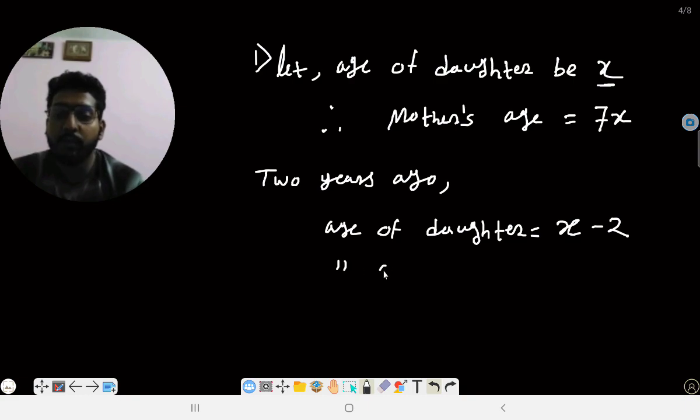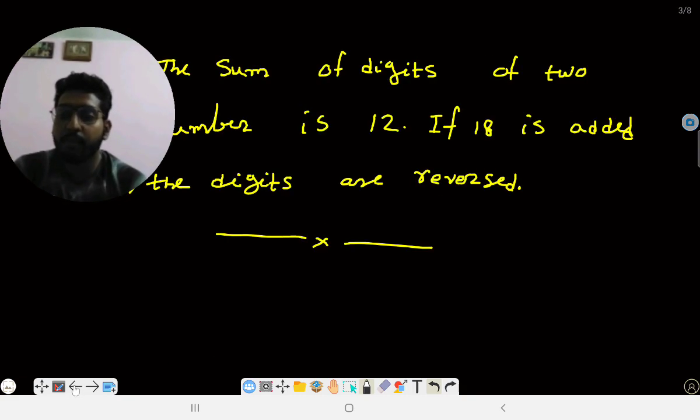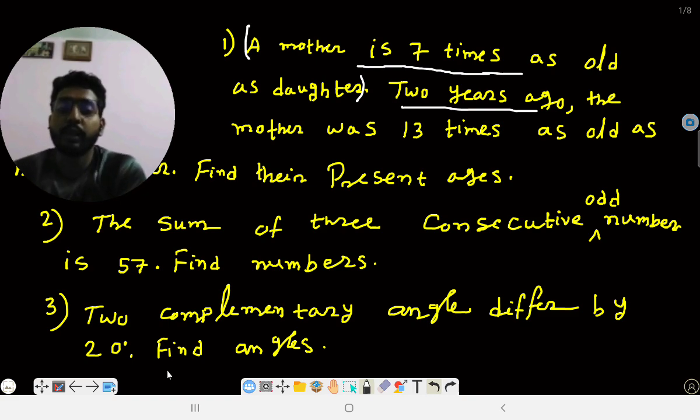Now the age of the mother. What will be the age of the mother here? The mother will be 7x minus 2, because 2 years ago the daughter's age will be x minus 2 and the mother's age will be 7x minus 2. So this is the second step. Done.